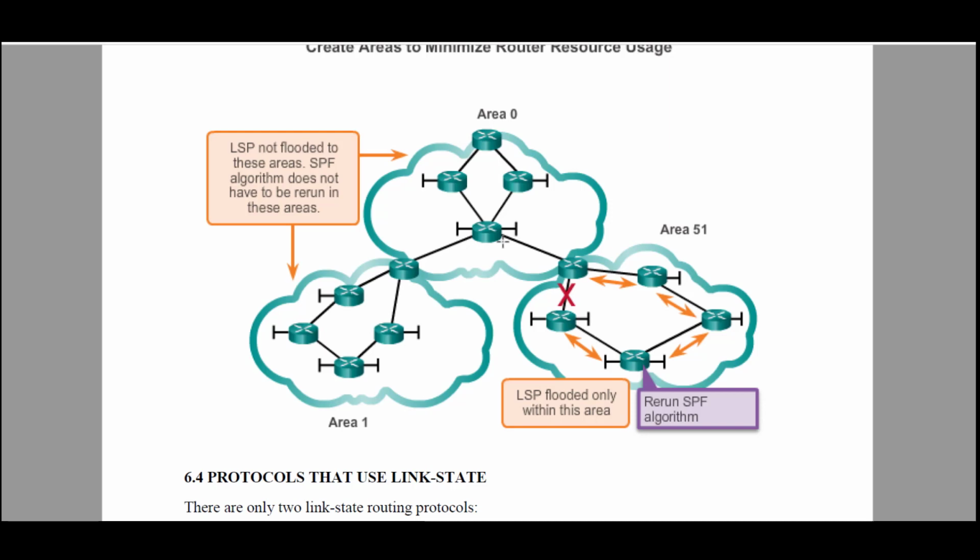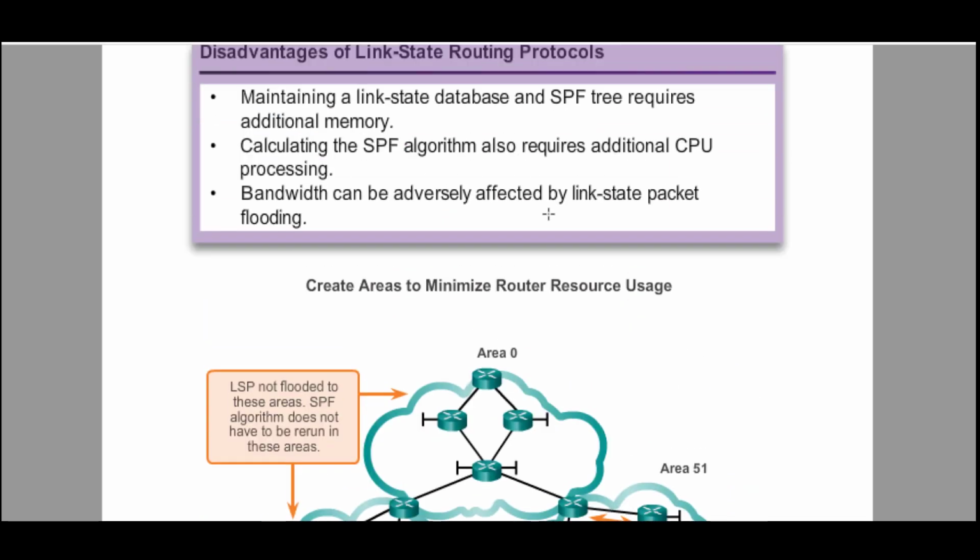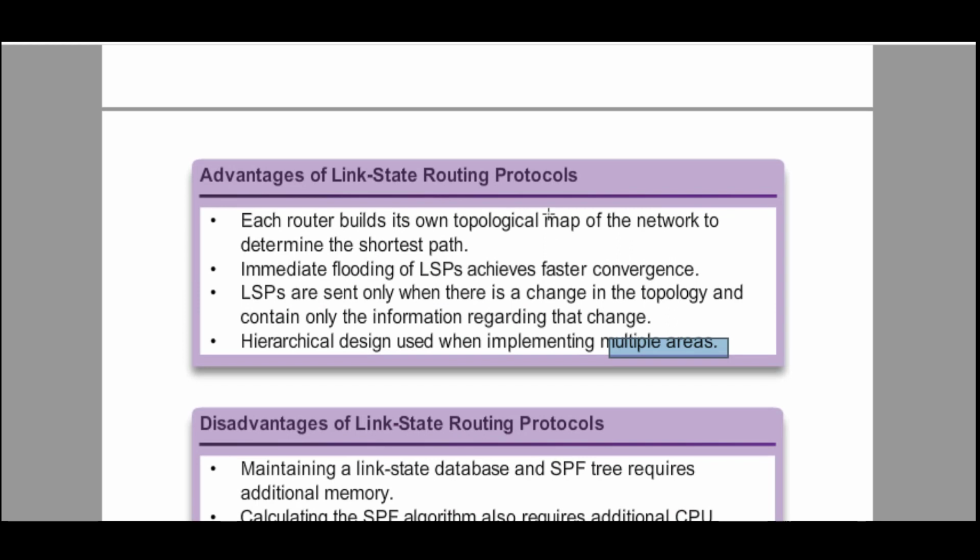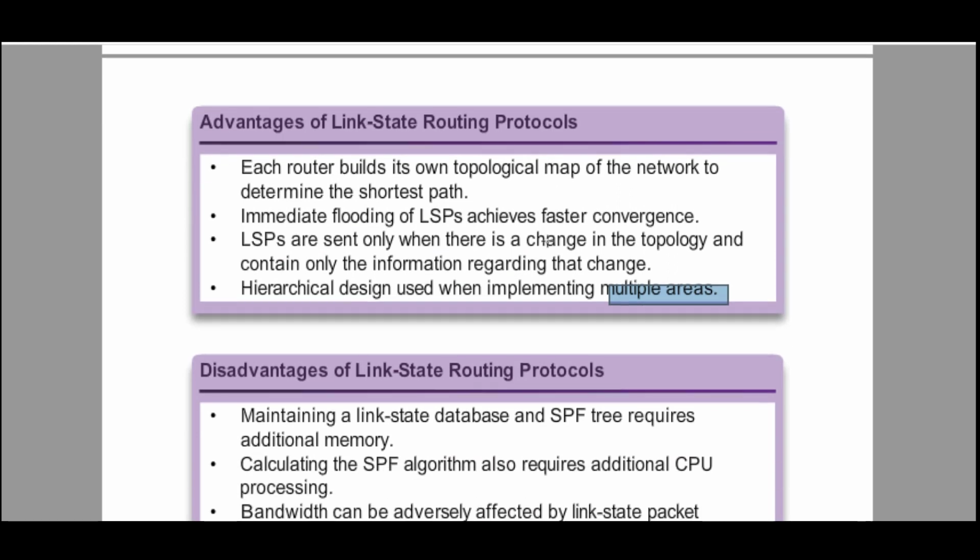Then we are going to calculate the shortest path again. SPF will be calculated again. So this is how things work in the link state routing protocol. So we discussed what the advantages and disadvantages are in this particular slide.